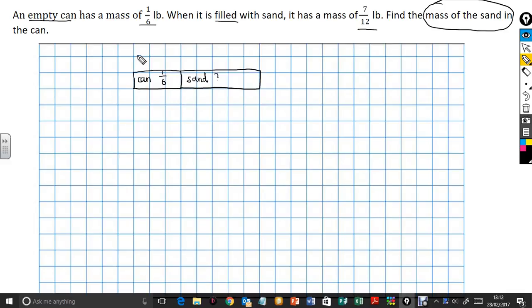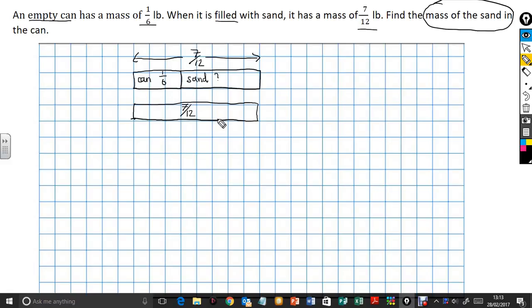Now we could draw it like this. If you can imagine, if I put another block next to it here, if I was using my Cuisenaire rods, here's another block that is the same size as these two put together, and we know that this is 7/12.